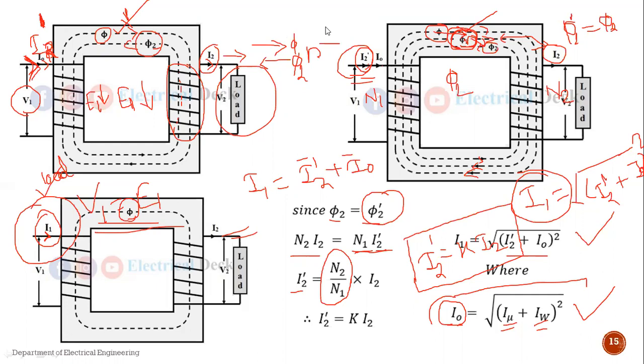See the equation: the induced EMF E is equal to 4.44 f phi m into N. This is the equation. N is the number of turns, which is constant. 4.44 is the constant.